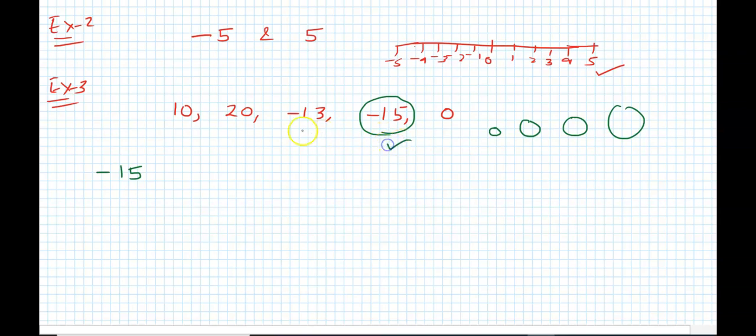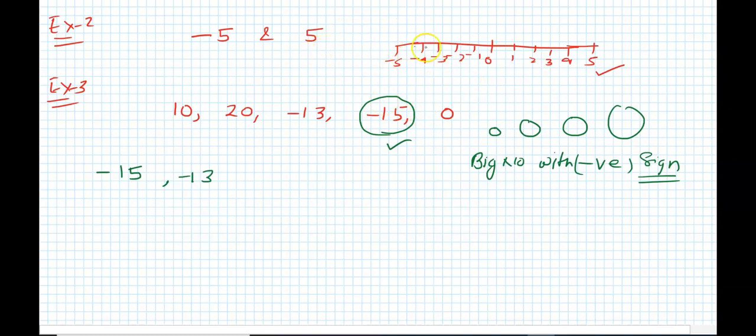Then after that, this is done. Now ignore this. With a negative sign, big number 15 I have taken, so the next number will be 13. Remember, we are considering numbers with a negative sign here, so we are not considering 20, 10 and 0 because they are positive. After minus 15, minus 13, the next number will be 0, because you are coming from this side.